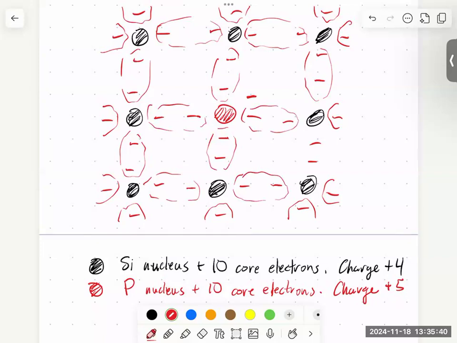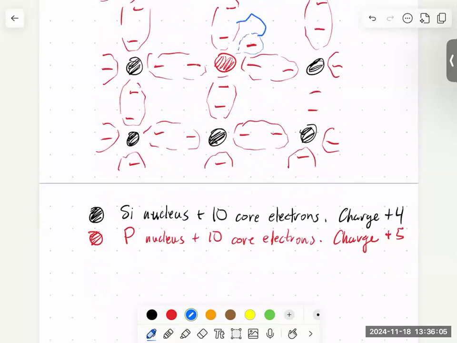And so maybe I'll draw this like, it's kind of hanging on to this nucleus, but very weakly. So weakly, in fact, that it easily detaches from its host nucleus at room temperature and is able to move throughout the material.